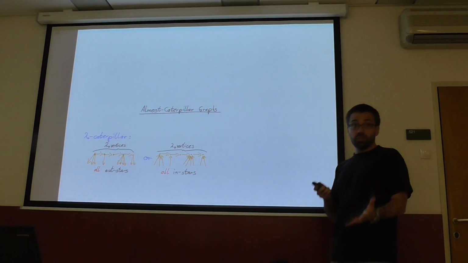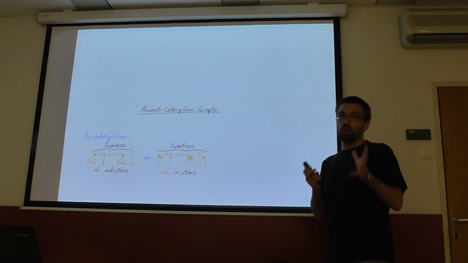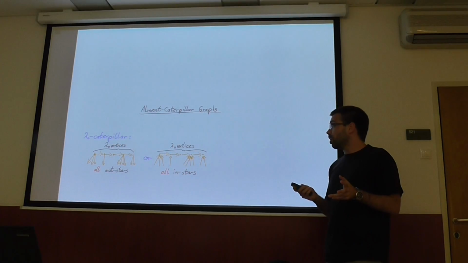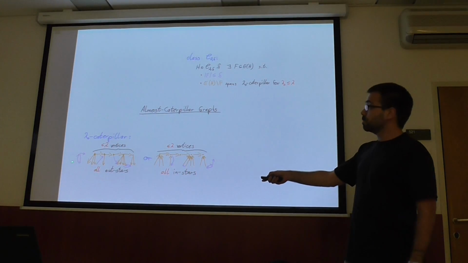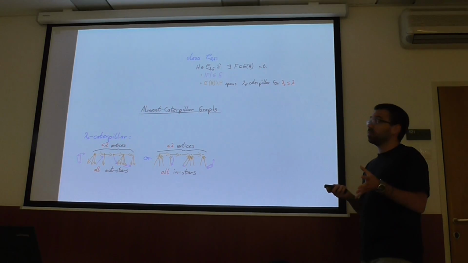And now in addition to that, I want to add a small bounded sized set of additional edges, such as here. You can see these purple edges, they can do whatever they want, but there's only a bounded number of them.